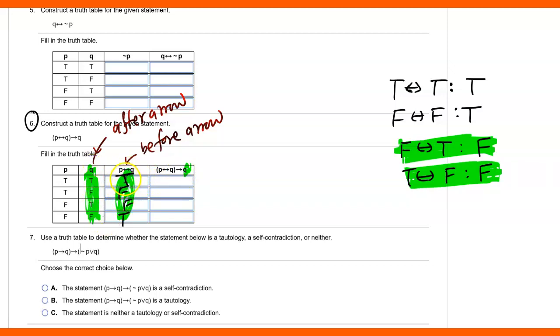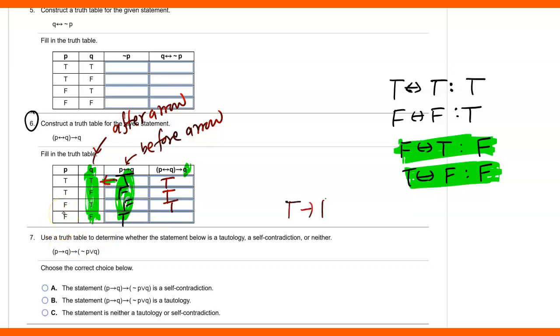Therefore, you're doing T right arrow T this way. Let me just draw it this way. T right arrow T, which is going to be T. F right arrow F, which is going to be T. F right arrow T, which is going to be T. T right arrow F, what do you think?